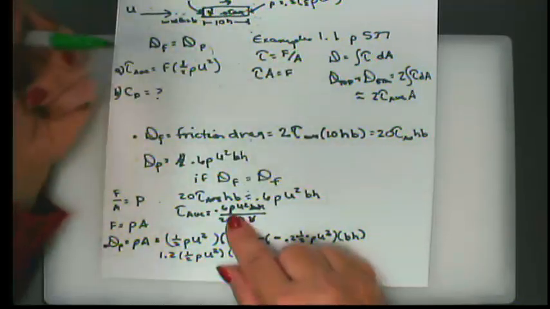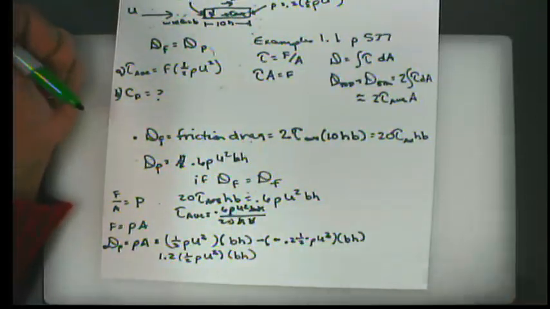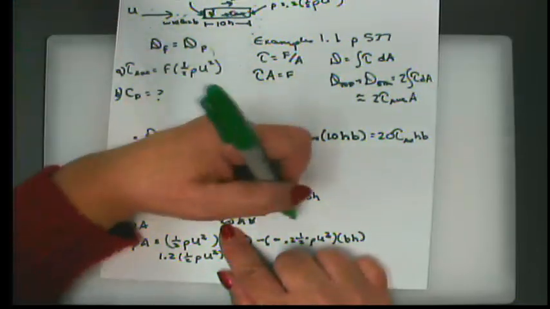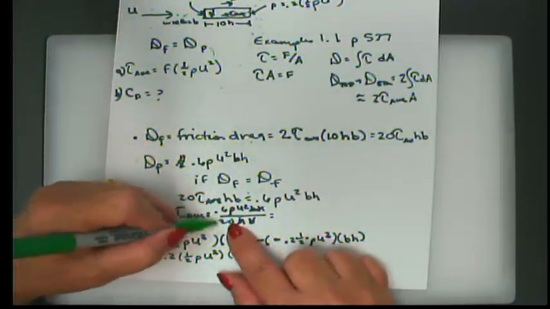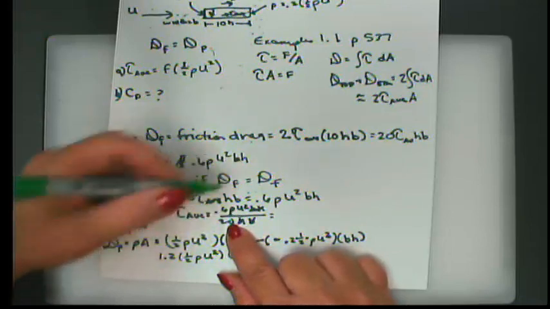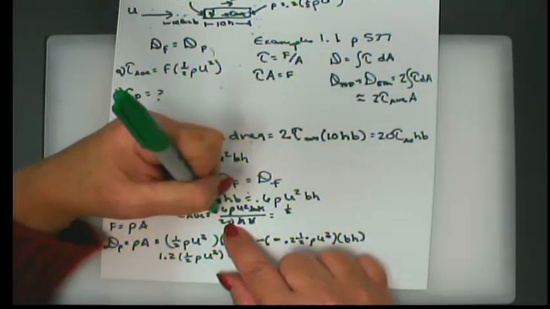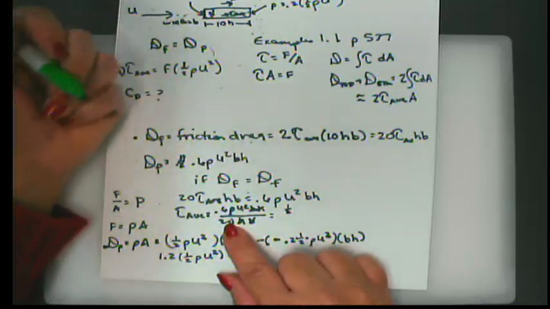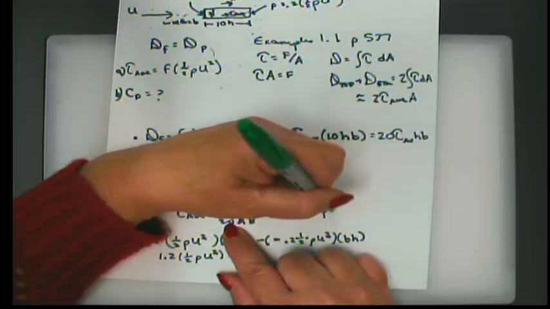But I still want to express that in terms of the 1/2 rho u squared, because it asks me to express it in terms of dynamic pressure. So what I'd like to do is to leave my 2 down here so I can have that 1/2. And then what that's going to leave me is 0.6 divided by 10, which is 0.06 times rho u squared.